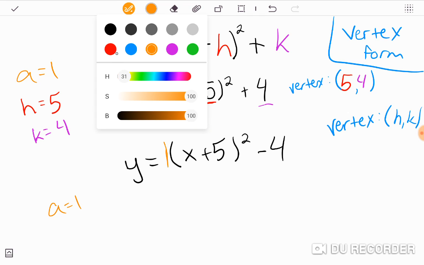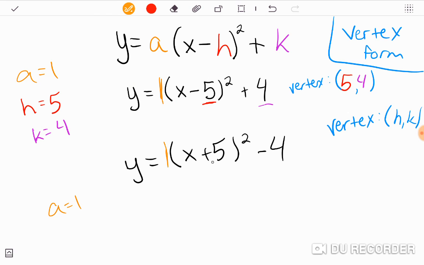My h is actually negative 5. The reason for that is this is the same as x minus negative 5. Because in your equations, x minus a negative makes it a positive. So that's why the h is a negative 5.